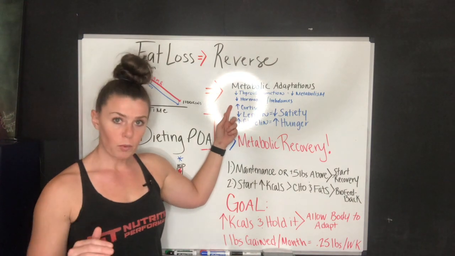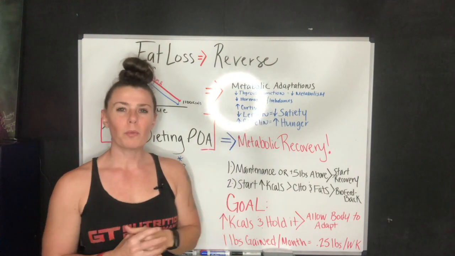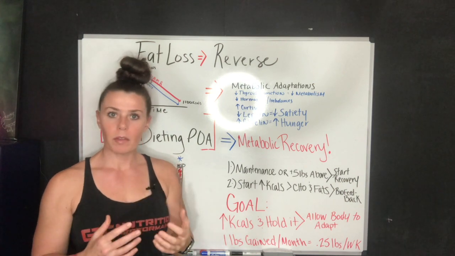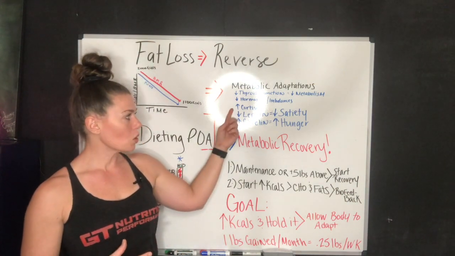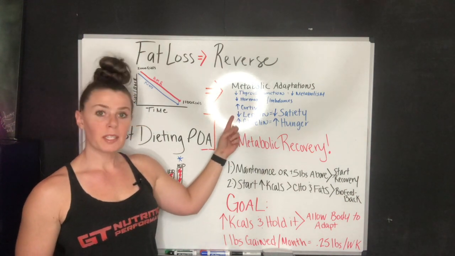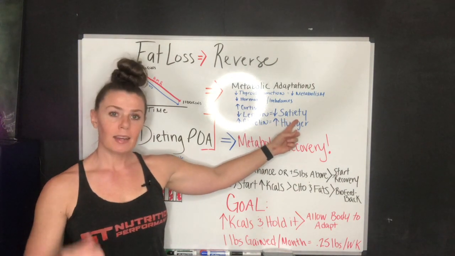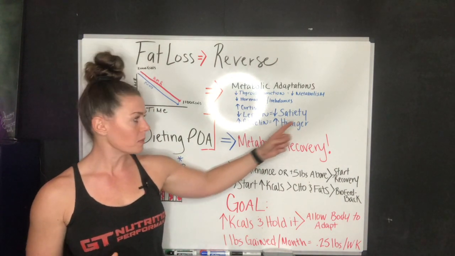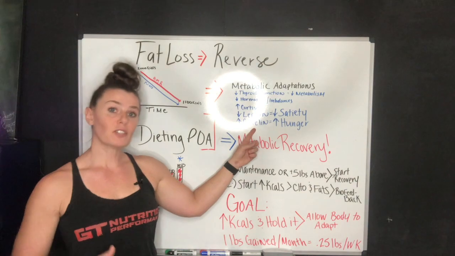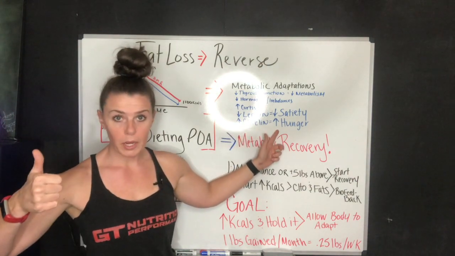Hormones will downregulate or bottom out, or they'll even be a little bit imbalanced depending on the individual. Cortisol is going to be very high. The hormone leptin is going to be decreased, so your satiety is also going to be decreased. Ghrelin is going to be high, which is going to cause your hunger to also be higher.